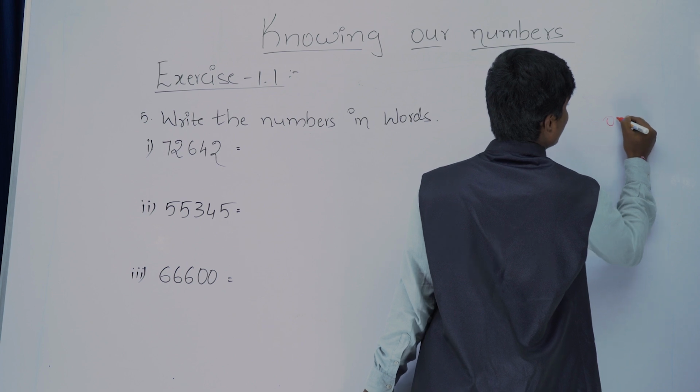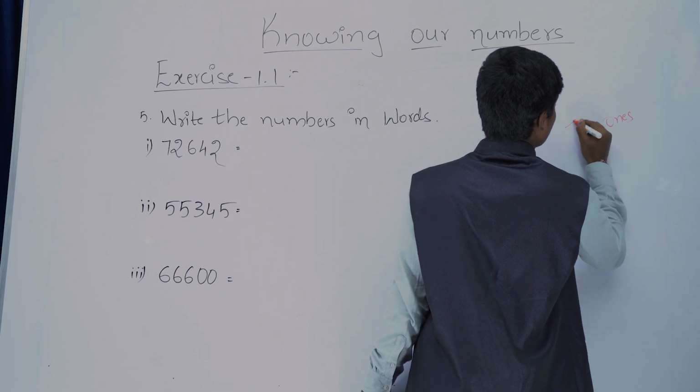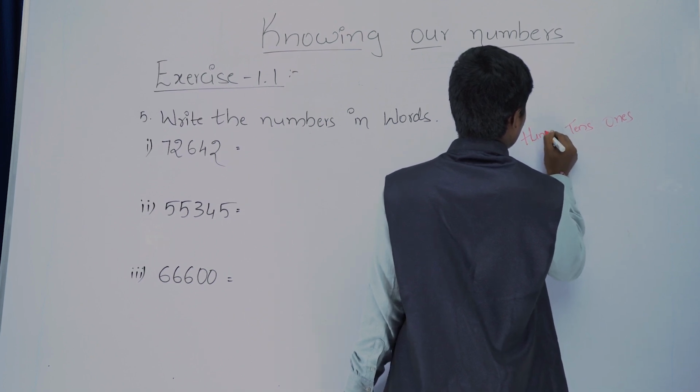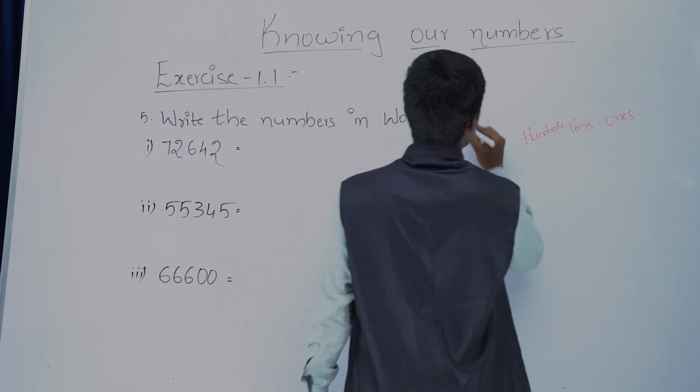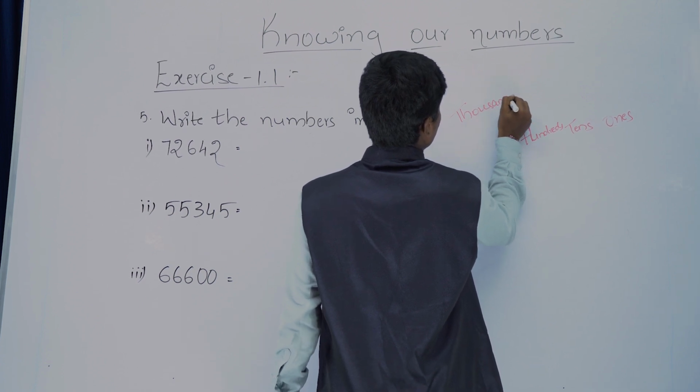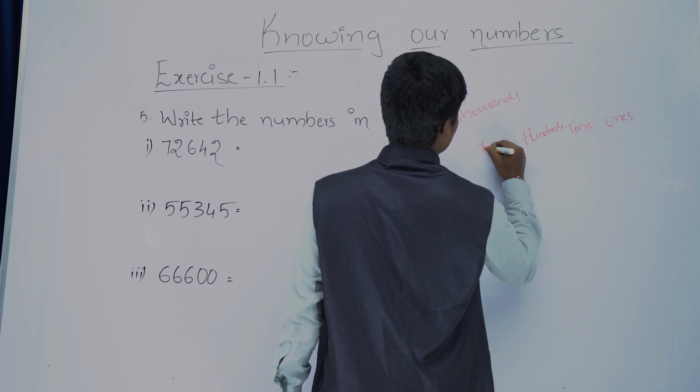Generally, the place values start from ones, tens, hundreds, thousands, and 10,000s.